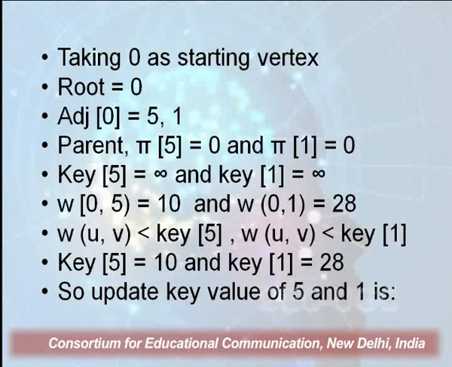So the edge between 0 and 5 and the edge between 0 and 1 will be compared with the key values of 5 and 1. The weight of the edge between 0 and 5 is 10 and the weight of the edge between 0 and 1 is 28, while at this particular point all the keys are infinite. So infinity is obviously greater than 10 and also greater than 28.